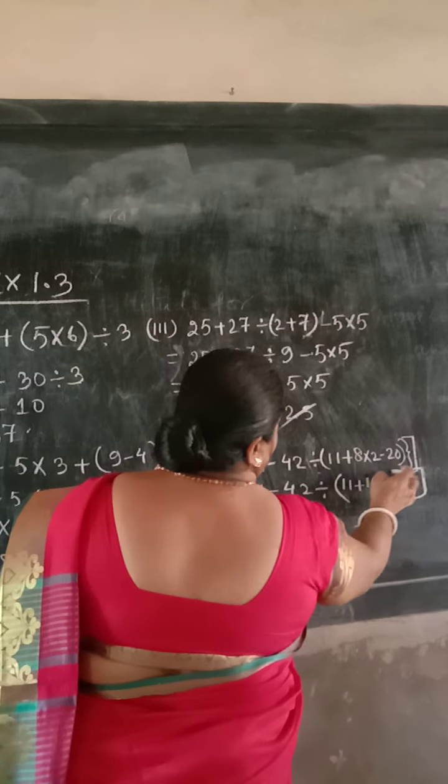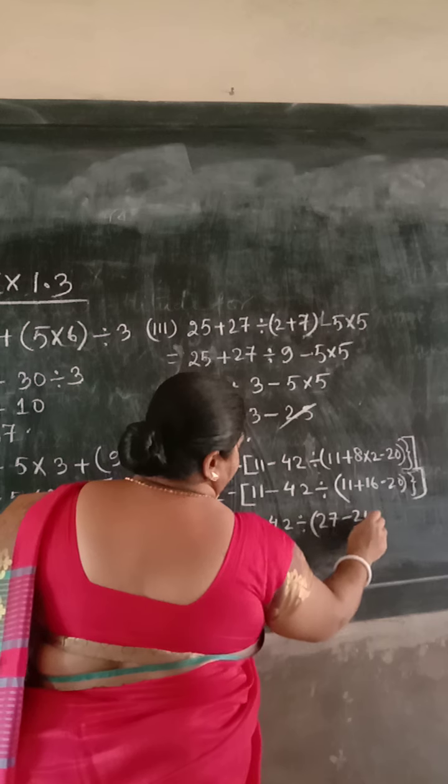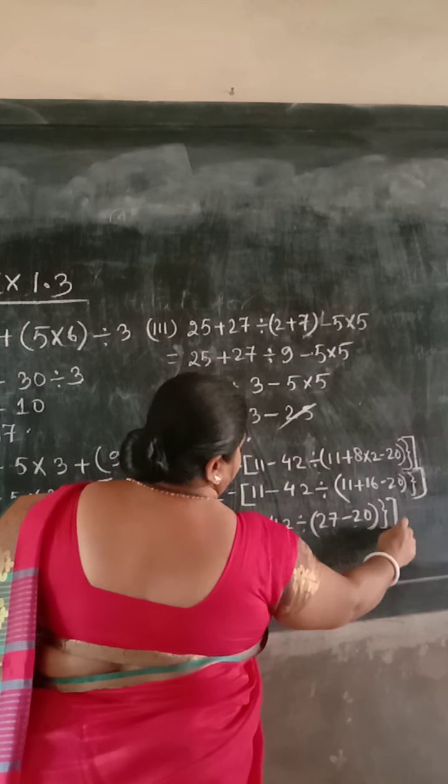So the next step again, 32 minus 11 minus 42 divided by addition and subtraction. So what we are going to do? We are going to addition first. This is 27 minus 20. Now the brackets are closed.